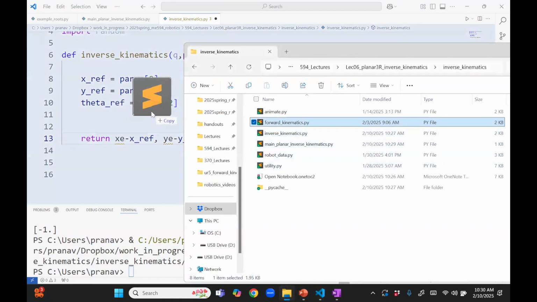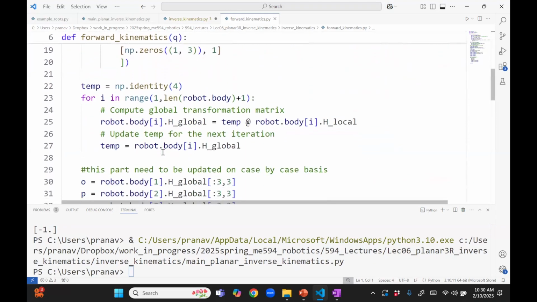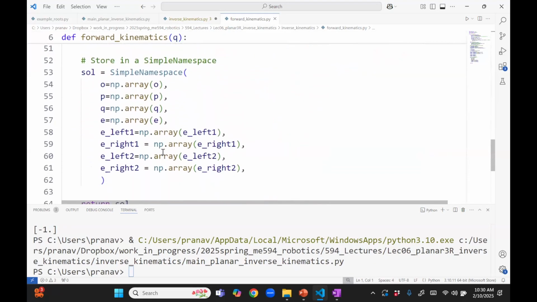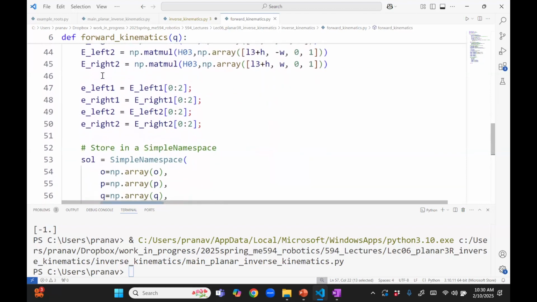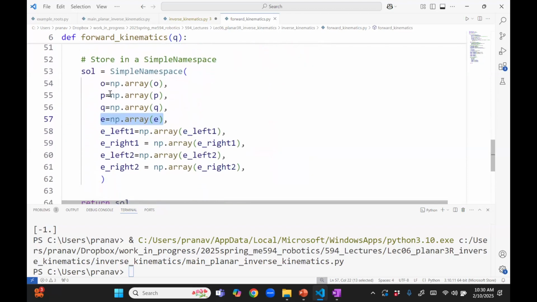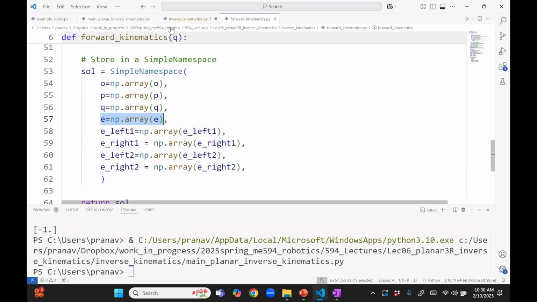If I go to forward kinematics, it takes in q and returns the solution, and the solution has this thing E, which happens to be the end effector position. So I don't need to do the kinematics manually. I just need to call this forward kinematics function.